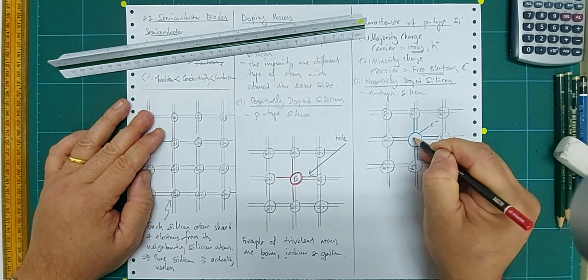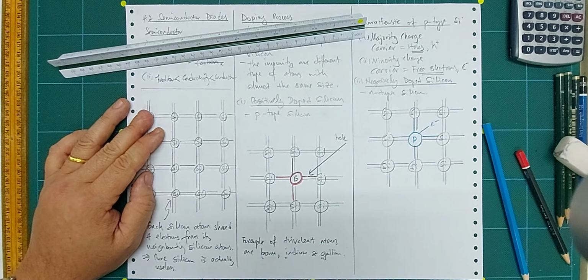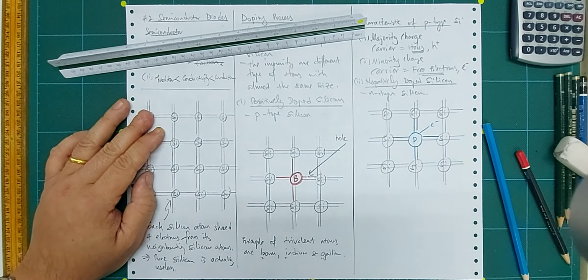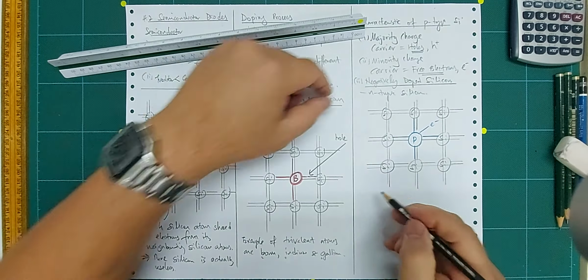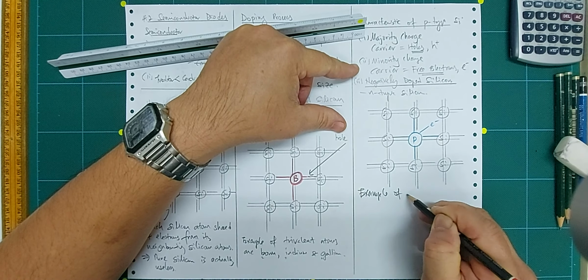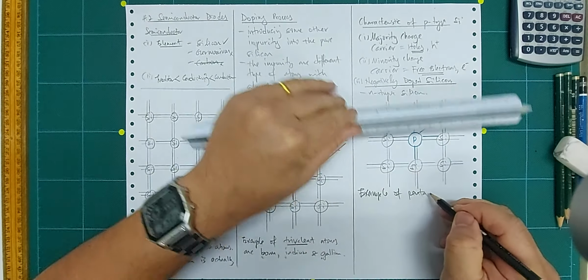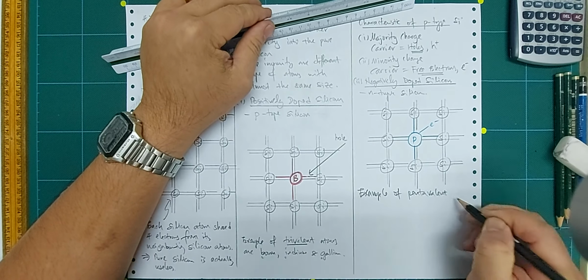Now, examples of material that we can use here are arsenic or phosphorus. Let's say we use phosphorus, P, and this one is boron, B. Example of pentavalent: remember, trivalent is 3, pentavalent is 5.